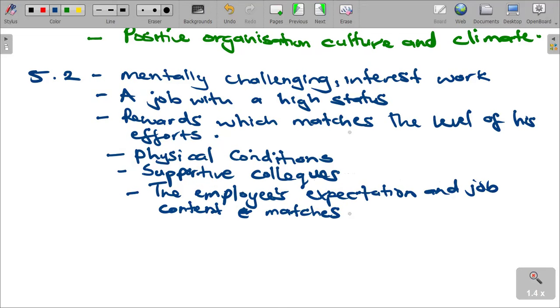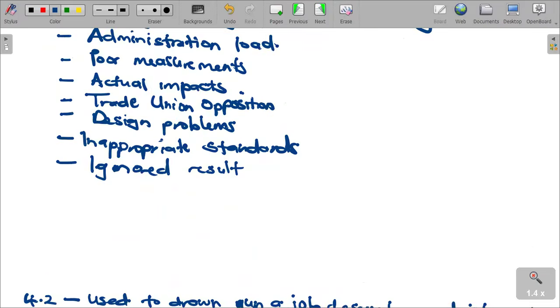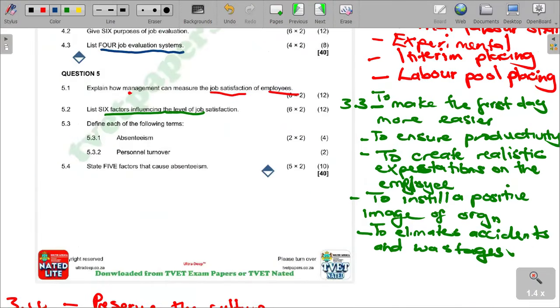Right. Let's move on to the next question. Distinguish each of the following terms. Absenteeism. Right.